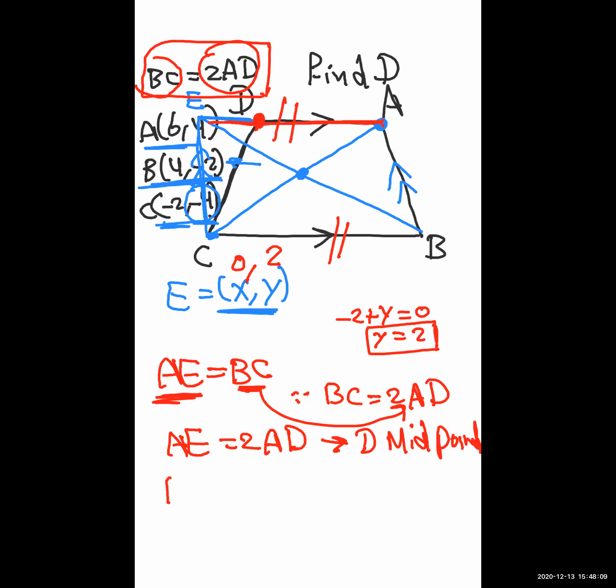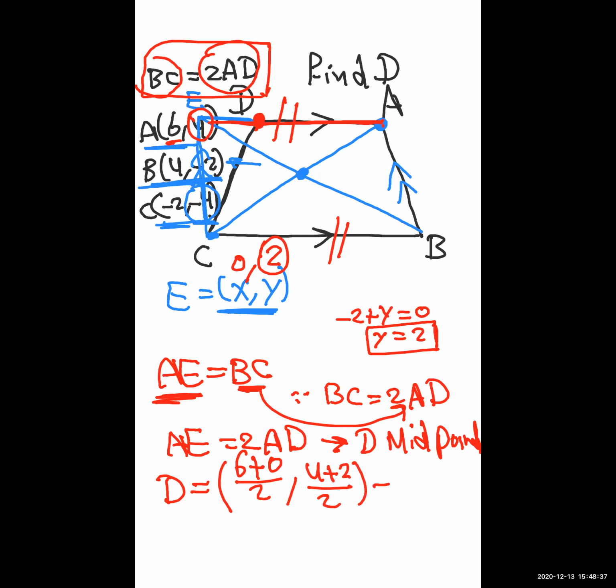D, which is the midpoint, will equal: this point A is (6, 4) and this point E we got as (0, 2), so (6 plus 0) over 2, and (4 plus 2) over 2.